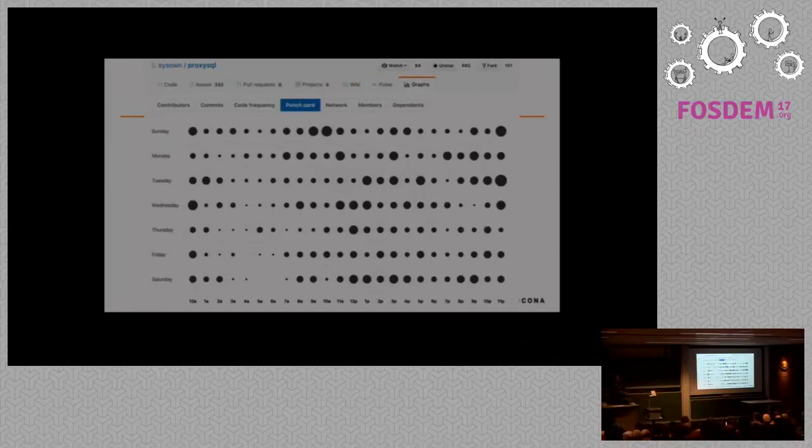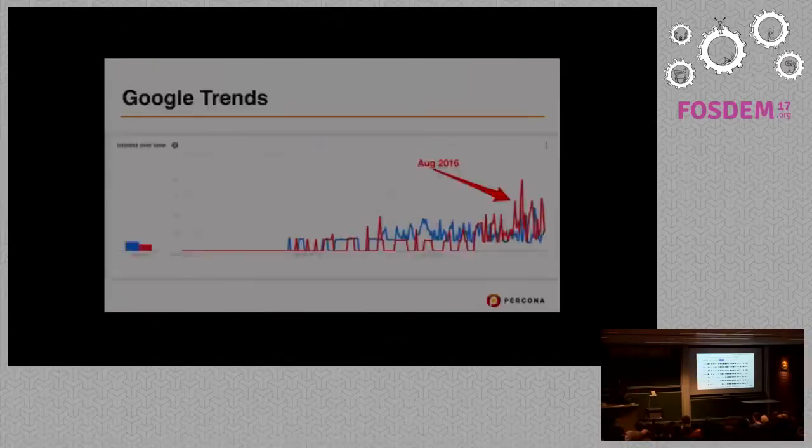Seems fair. This is the punch card for ProxySQL, where you see activity all the time. Not because Rene is madly typing away. There are many other contributors to this, but I think this is sort of the spirit of open source, is you also work not when you're paid to work on it. We work on it because you love working on it, and you improve it, and that shows in the product.